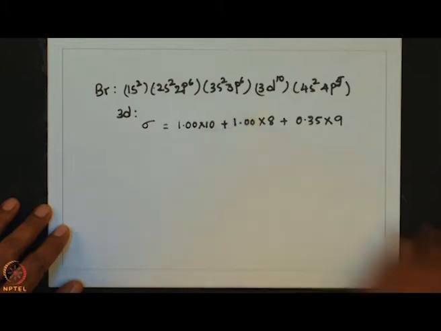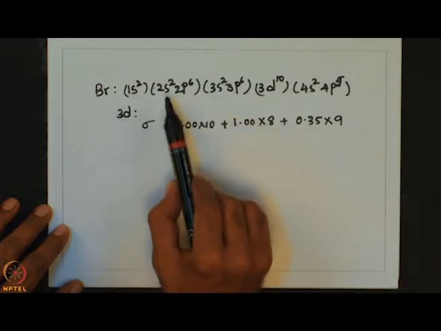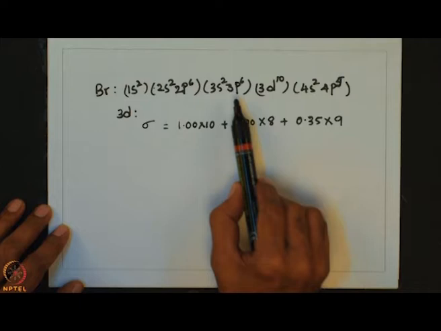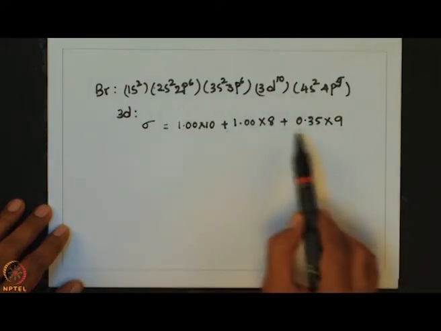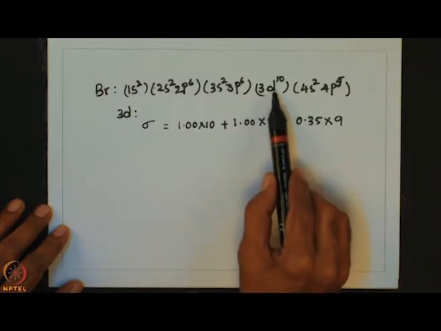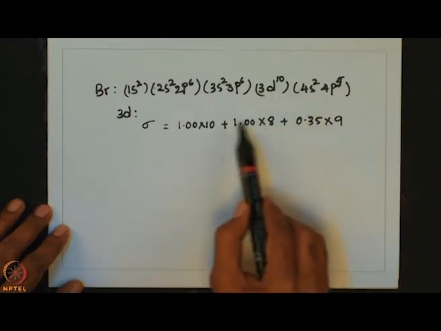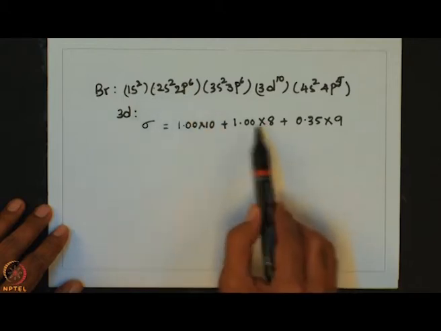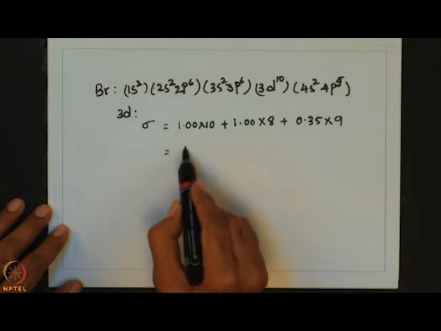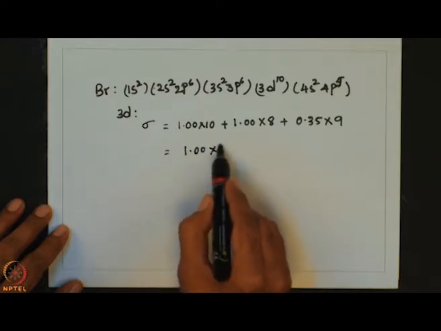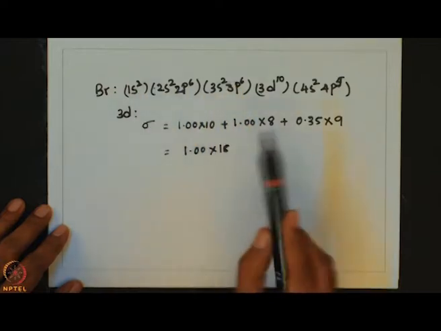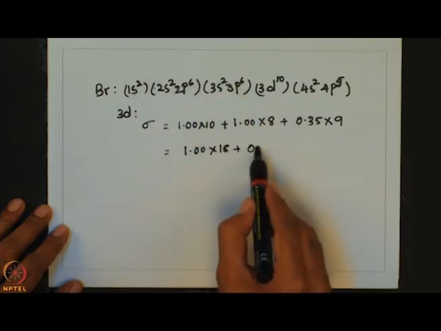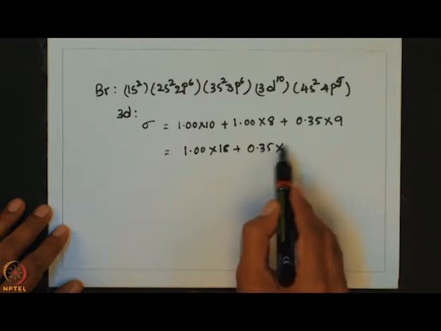So, we have to consider only 1s2, 2s2, 2p6, 3s2, 3p6 and within the group these 9 electrons. That is what I have written here. So, for these 9 electrons, 1 electron we are considering, and then it is a total of 18. I have simplified by writing 10 and 8. Essentially, one can also write this as 1.00 into 18. So, 18 will account for this 8 plus 8, 16 plus 2, 18, and plus 0.35 into 9.